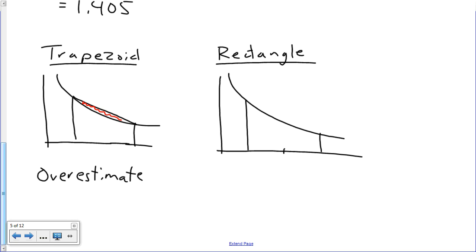And then I've got to pick the midpoint here as the point that I use for the height of my rectangle. So I end up with a rectangle like this. So you can see over on the left there, I'm not including this little piece of area that I should be. This little chunk over here, I'm not including, and I should be. Versus over on the right, I've got this little chunk right here that I am including that I shouldn't be. It's above the curve. But they kind of almost look like they're going to balance out. They're not quite the same area, but they're close, it looks like.